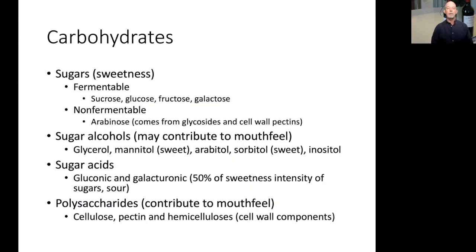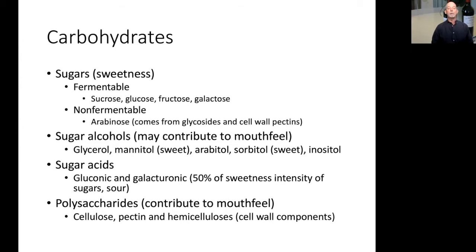So carbohydrates are carbon-based molecules. Sugars are the most obvious ones that contribute sweetness to the wine. Some of these sugars are fermentable, such as sucrose, glucose, fructose, and galactose, and some are non-fermentable, such as arabinose, which comes from the glycosides in your cell wall pectins in the cells of the berry.